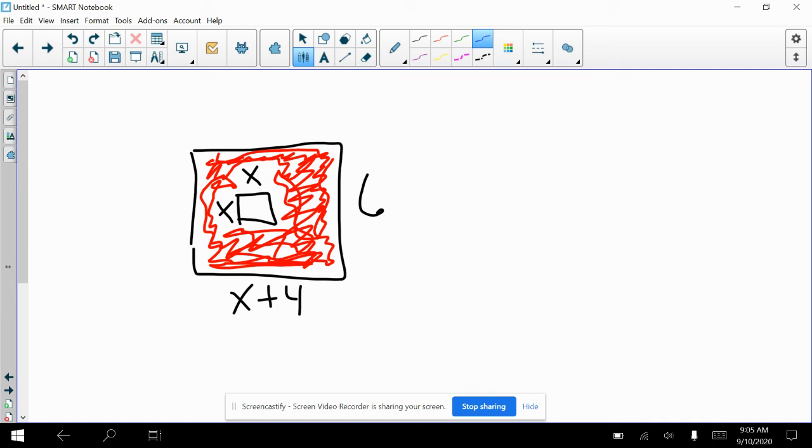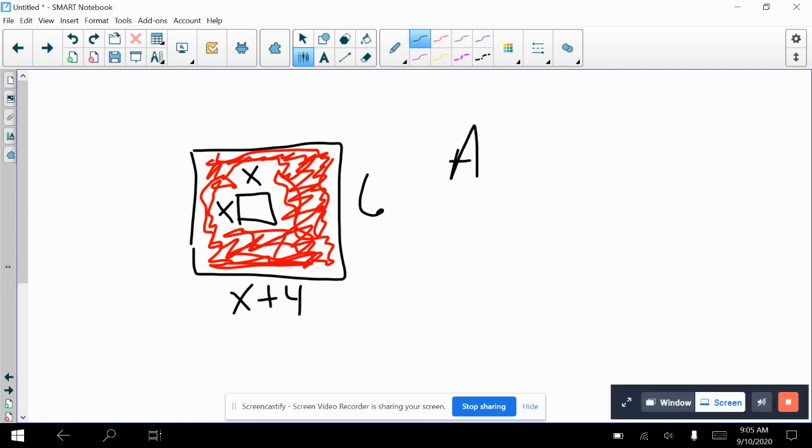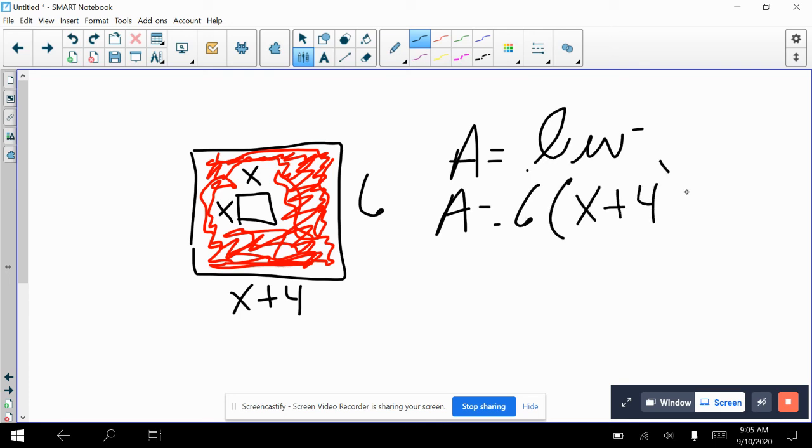All right, so first plan of attack. What are you going to find? Of what? Okay, the area of what square? The big square, right? So again, that's length times width. Okay, so that would be 6 parentheses x plus 4, right?